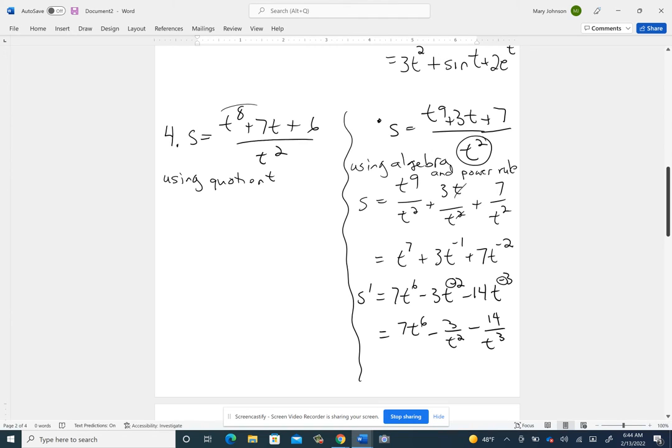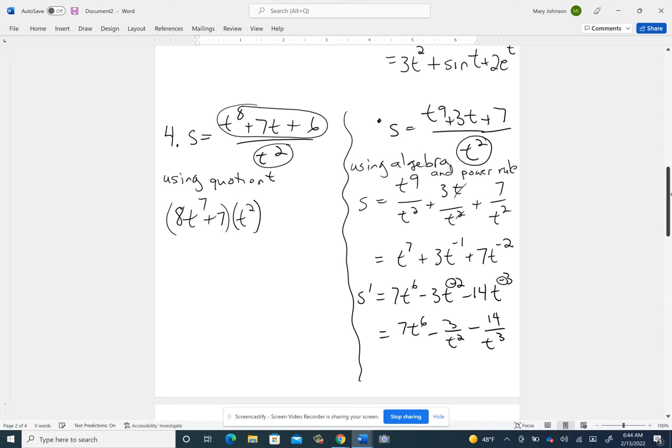All right, so I'm going to just call this my f function, this is my g function. So the quotient rule says when I want to do the derivative of this, I need to do the derivative of the top. Okay. So the derivative of the top would be 8t to the 7th plus 7 times the bottom function as is.